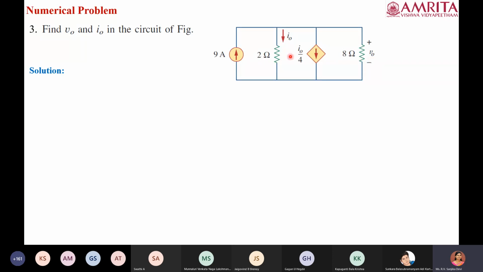Are you able to understand? Yes, ma'am. All the elements have the same voltage V0 across them.